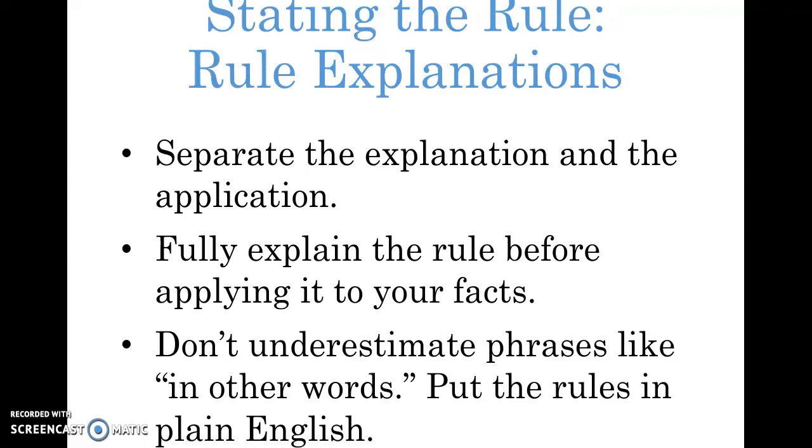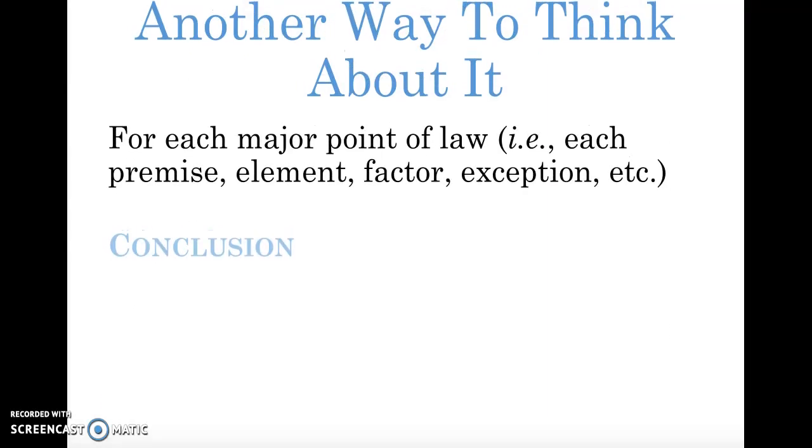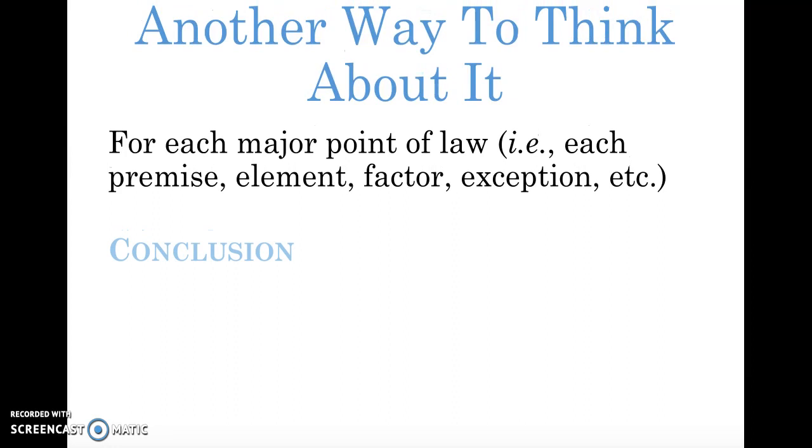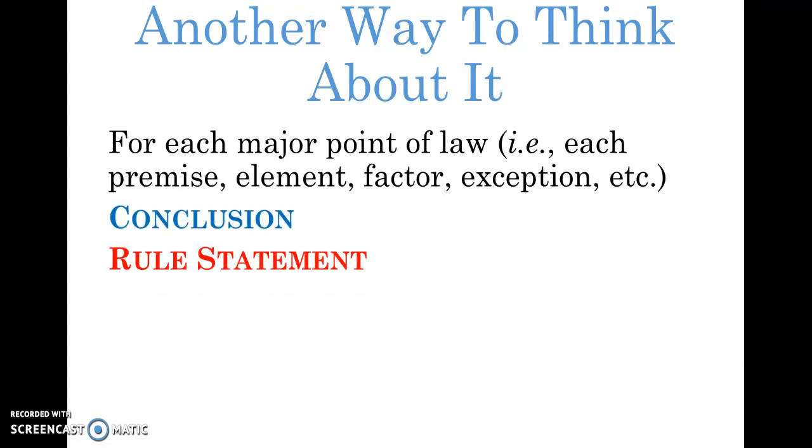So another way to think about your obligations when it comes to each major point of law, meaning each issue that you're going to have to address, is that each section should start with a conclusion, the conclusion you want the reader to draw. Then you should state the rule.